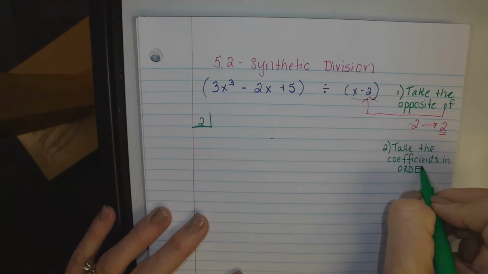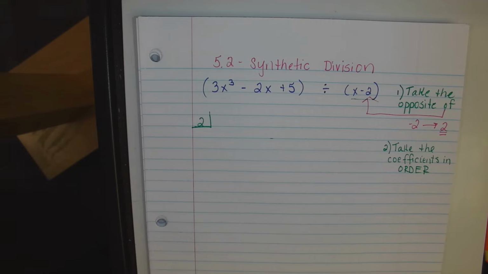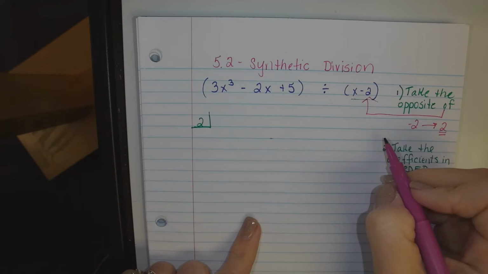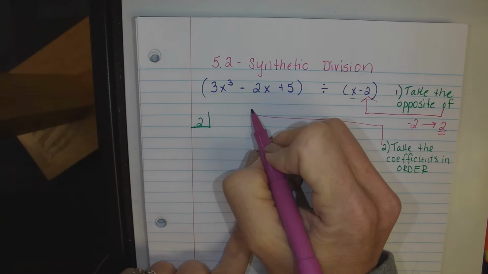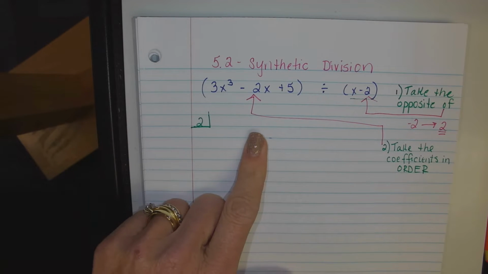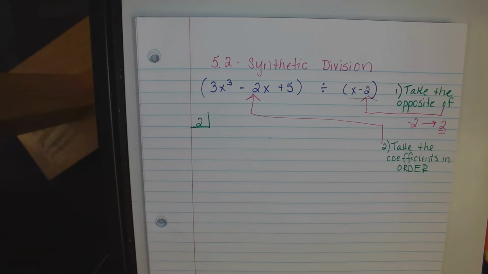Step 2. Take my arrow again. You're going to take the coefficients, but they have to be in order. So here's my other arrow. If a term is missing, what do you think you put? I'm showing you 0.